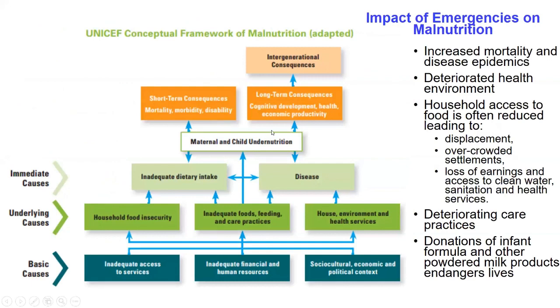This schema is to show what the key determinants are. It's a framework by UNICEF about how malnutrition arises in terms of causes, but also in terms of the intergenerational cycle. I'm still focusing here. So we have what you call the immediate causes. The immediate causes refer to the child or to the individual himself or herself, in terms of intake or the disease that predisposes that individual to malnutrition.